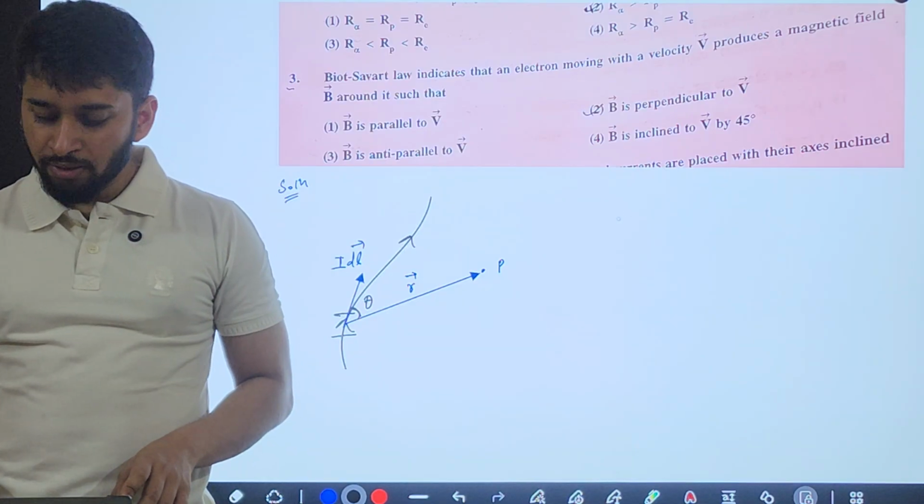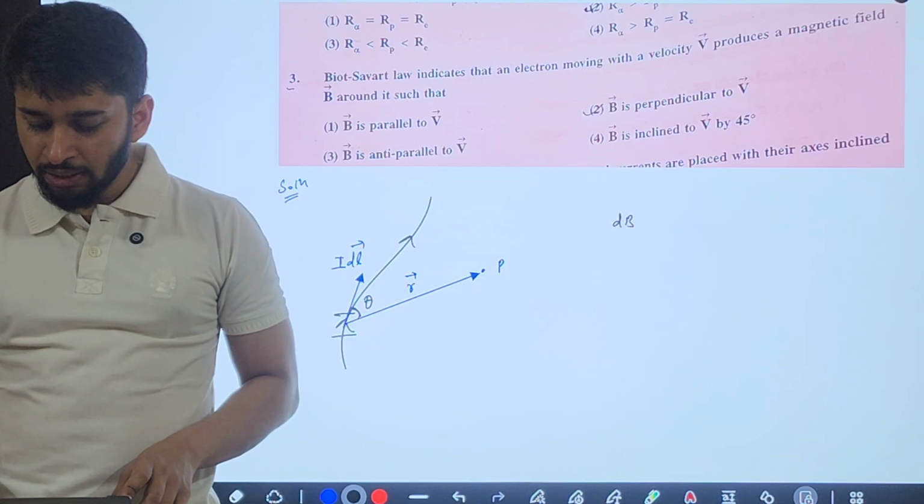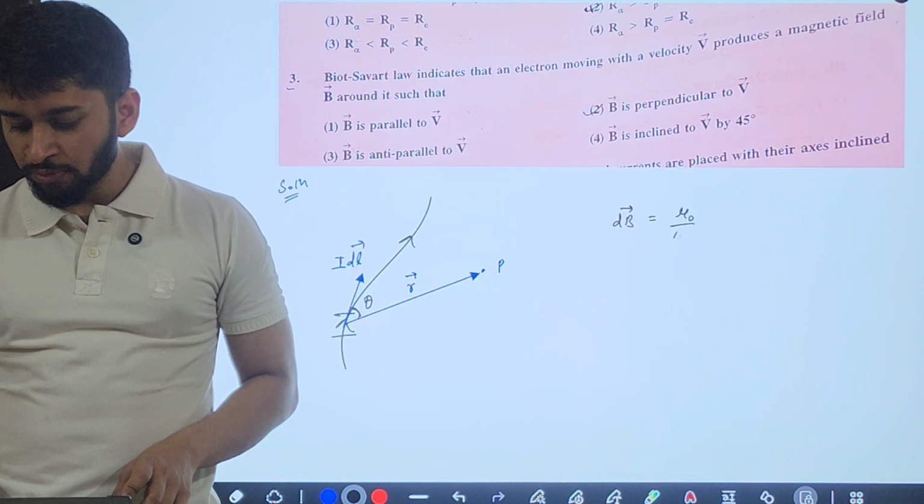Then Biot-Savart's law says that dB bar, the magnetic field at that particular point, will be equal to mu naught by 4 pi, I dL bar cross R bar by R cube.